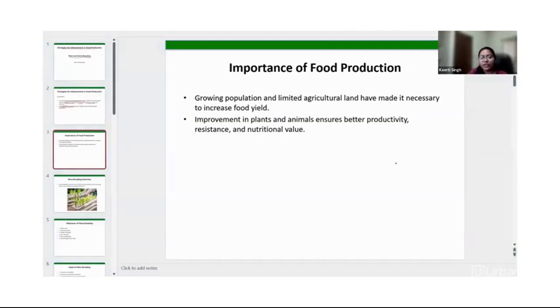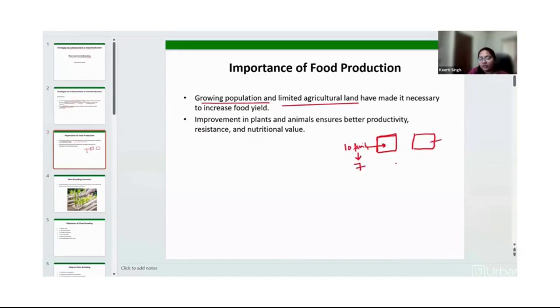right? I have already told you we have a growing population, right? And we have limited agricultural land. So for a fixed portion of land, what can we do? Suppose this land was earlier supporting, say, 10 families, with 7 individuals each, right?